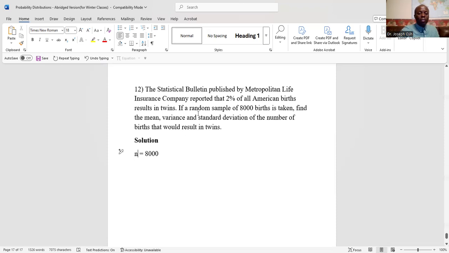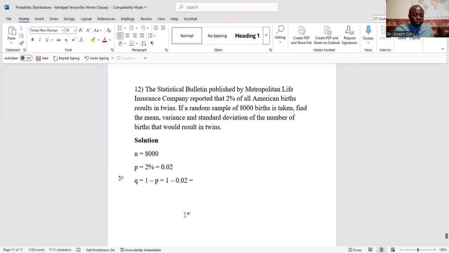P: the company reported that 2% of all American bets are twins. So p is 2%, which is 0.02. And q equals 1 minus p, which is 1 minus 0.02. I think it's 98%, but let me double check. That's 0.98.